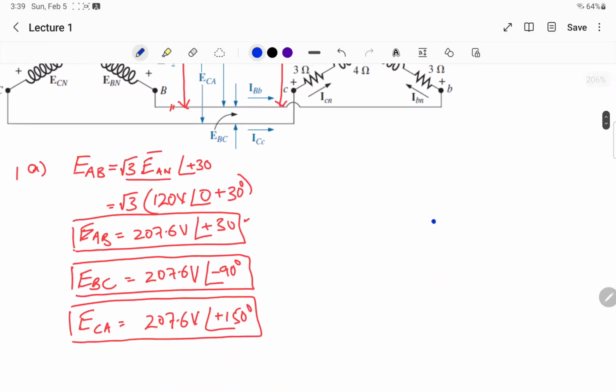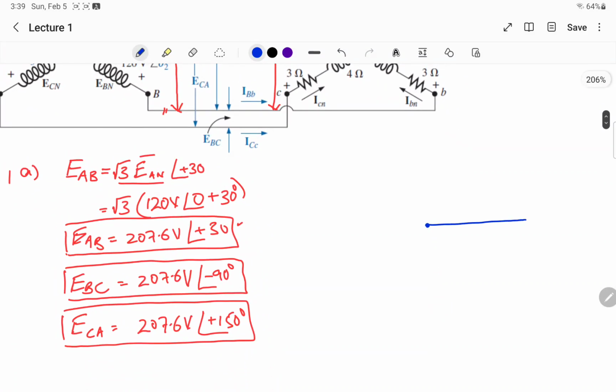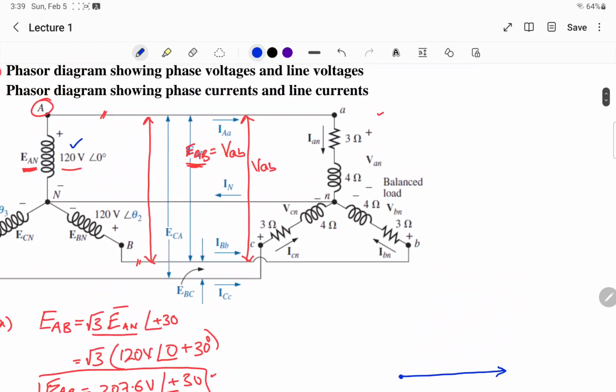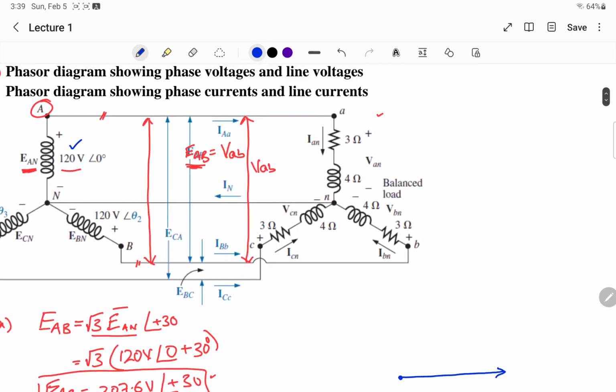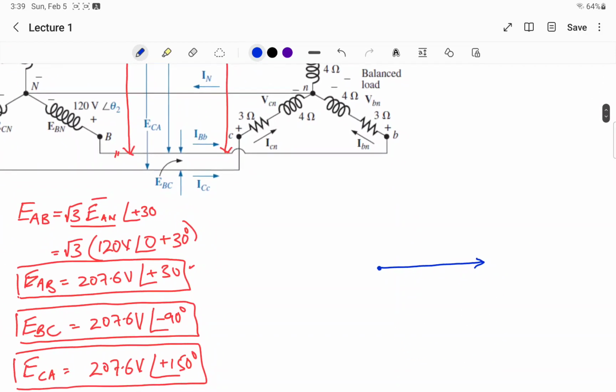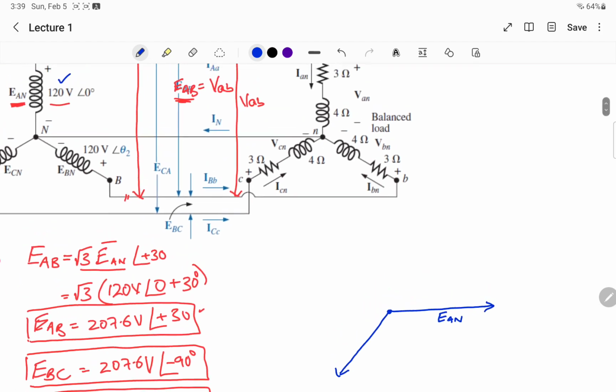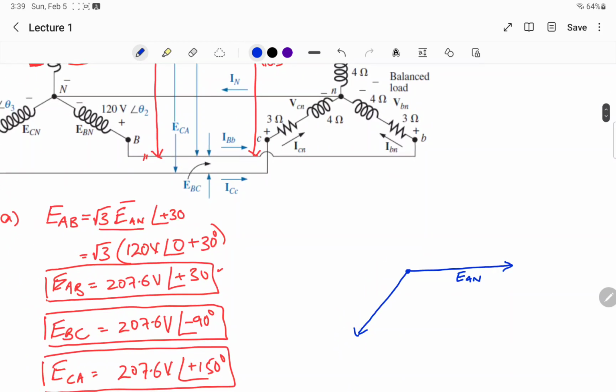So this is EAN, and then the next voltages in a positive sequence will be EBN, and this will be ECN. All will have the same amplitude, but the angles are different.